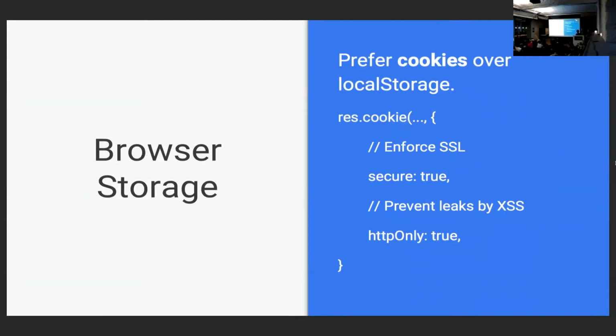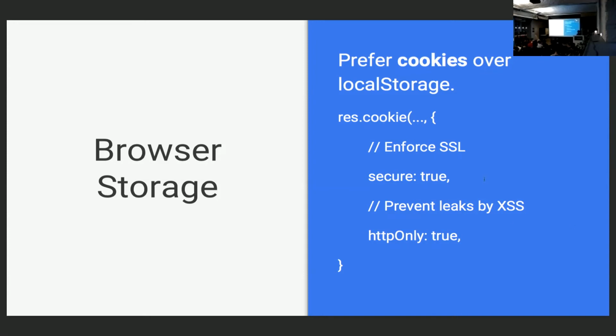Now storing the token in the web browser. So they use local storage in all the examples. In general, the standard is local storage, but I recommend using cookies anyway, because cookies have security features in the web browsers, and local storage has no feature.